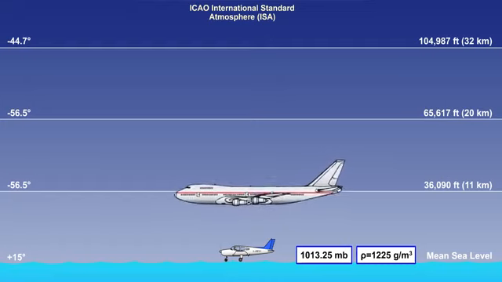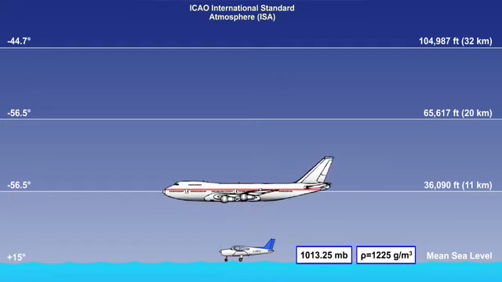Secondly, that from mean sea level up to 36,090 feet, or 11 kilometers, temperature is assumed to reduce by 1.98 degrees Celsius per 1,000 feet, or 6.5 degrees Celsius per kilometre. Thirdly, that from 36,090 feet, or 11 kilometres, up to 65,617 feet, or 20 kilometres, the temperature is constant at minus 56.5 degrees Celsius.